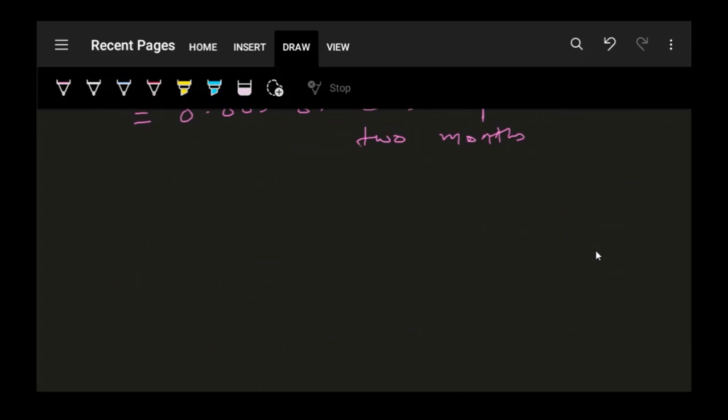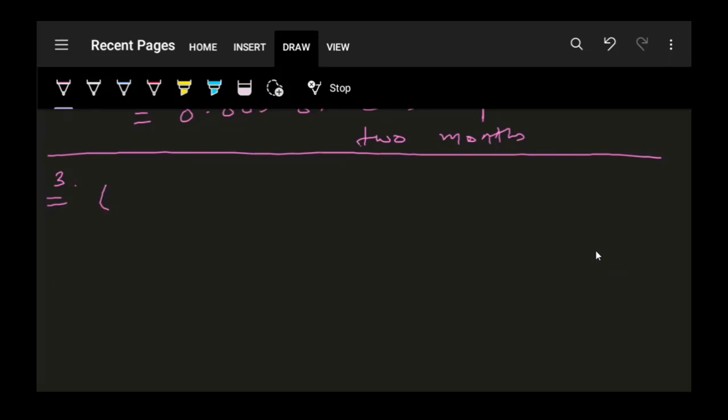Let's do another one. In this question, we want to calculate the nominal annual interest rate convertible quarterly. So we want this rate. And we are given an effective rate of 5% per annum, I equal to 5% per annum. So it is simple, we can directly use the formula that we learned.